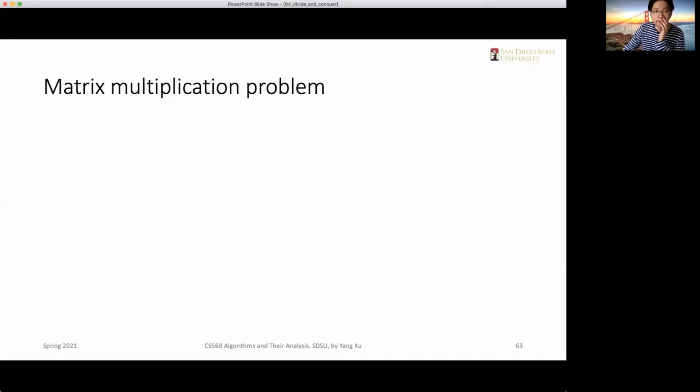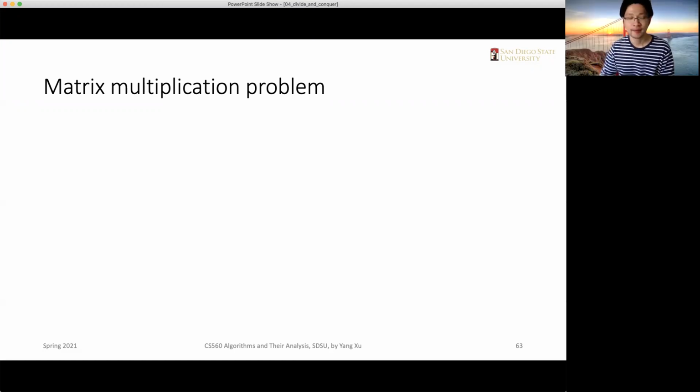Okay, so it's a matrix multiplication problem. So from the name, we know that it has to be related to linear algebra. Okay, so let's look at the problem, and basically it's the multiplication between two matrices that we are concerned with here.